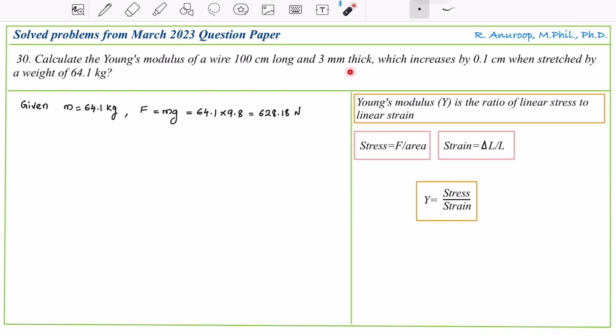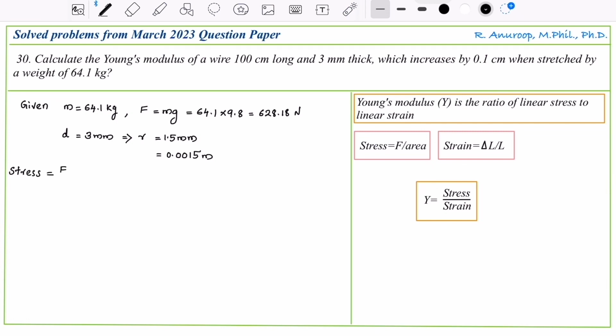It is given that the thickness of the wire is 3 mm, that is the diameter of the wire is 3 mm. D is equal to 3 mm. This implies radius is equal to 1.5 millimeter, and that is equal to 0.0015 meter. The radius R is equal to 0.0015 meter.